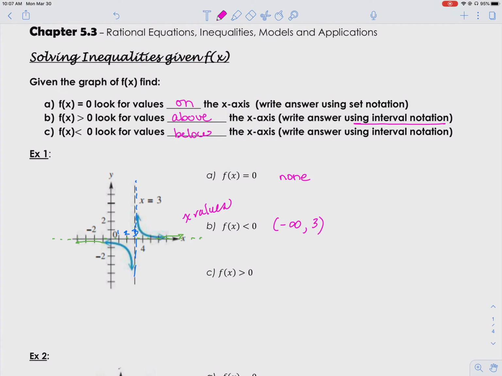Those are the x values that will make that graph be below the x-axis. The other one is asking for it to be above the x-axis. That's going to be this part of your graph. Again, we're asking for the x values. That's going to begin at 3. It can't ever hit 3, but it begins at 3 and goes to infinity.